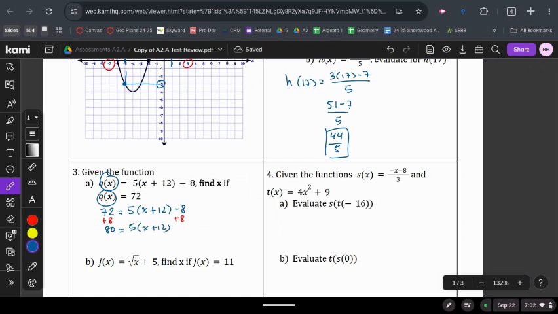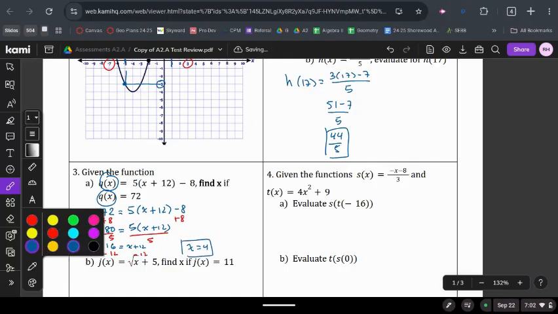Then I can divide both sides by 5. And I get 16 is equal to x plus 12. And I can squeeze in a minus 12. And I get x is 4.